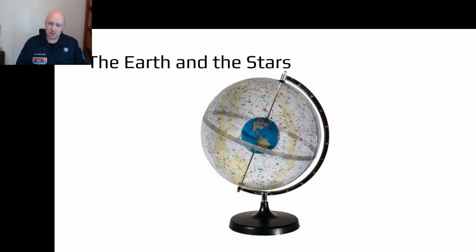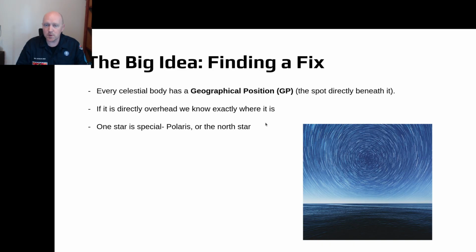It's closest to having its geographic position typically directly above the North Pole, more or less, which, as you can see, due to the way that our Earth spins, is pretty special, because basically if you can see Polaris at any time, and you typically can only see it in the northern hemisphere, then that is pretty much north. Right? If you can see that star, it's somewhere up in the sky, and that direction is more or less north. And it can be a lot more tricky than that.